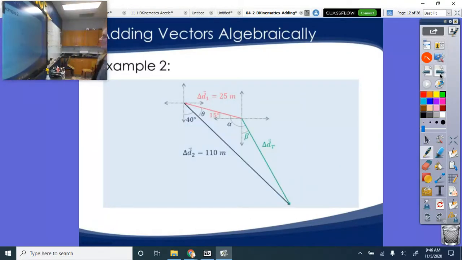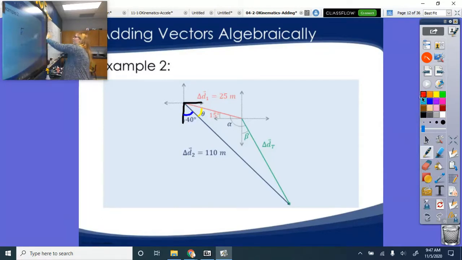The first thing I'm going to do is solve for theta. The reason is that I have this 90 degrees right here, and I already know what this angle is.